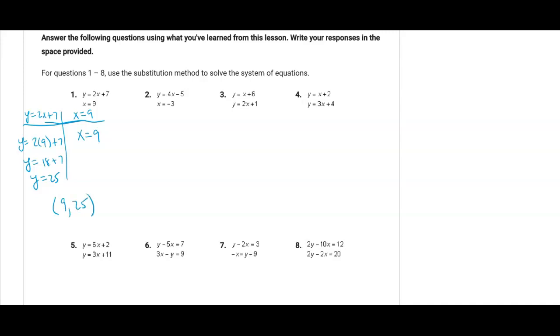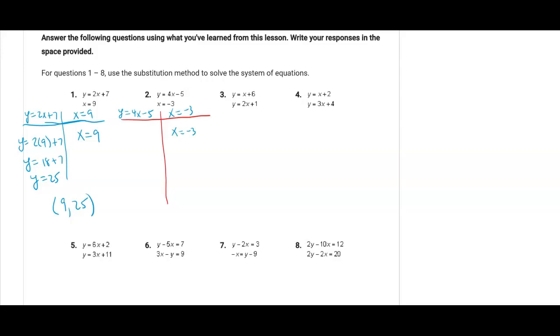Okay? Pause the video and try number 2 on your own. Okay, number 2 works the same way, right? I put my two equations up here, right? And again, if I look, isn't x already by itself? And is there anything to even like solve for here?